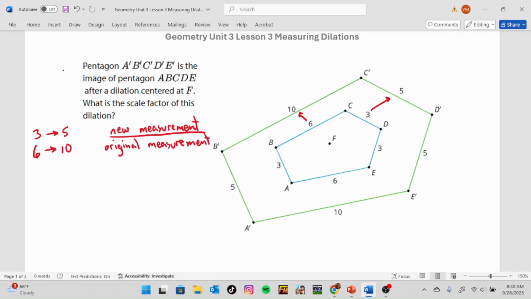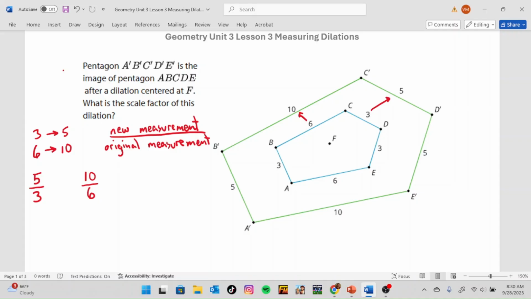So if we do that, then in the first case, we have a new measurement of 5 divided by an old measurement or original measurement of 3. So our scale factor would be 5/3. The other option is that we have a new measurement of 10 divided by an original measurement of 6.